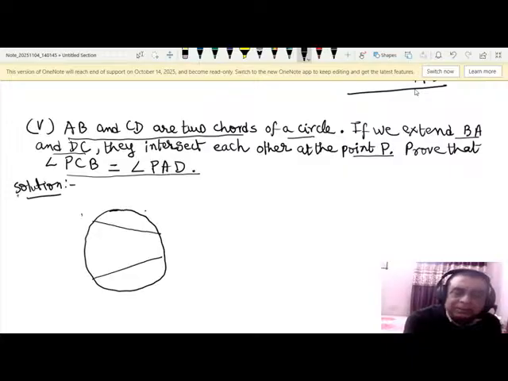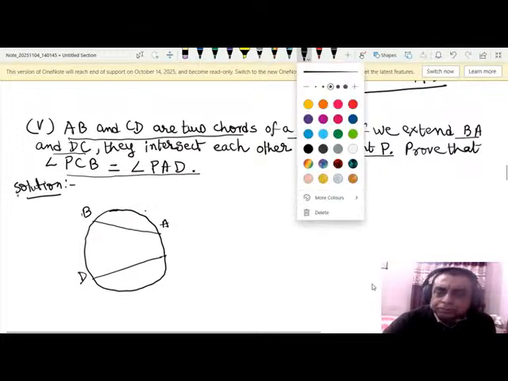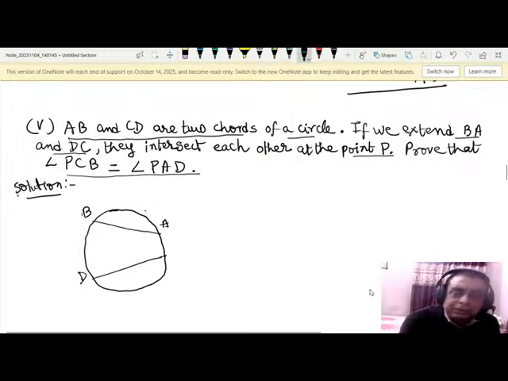This point I am writing A, this point B, and this point C and this point D. Let me write C below the chord, here.